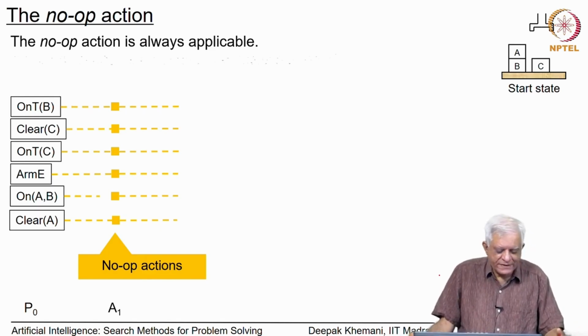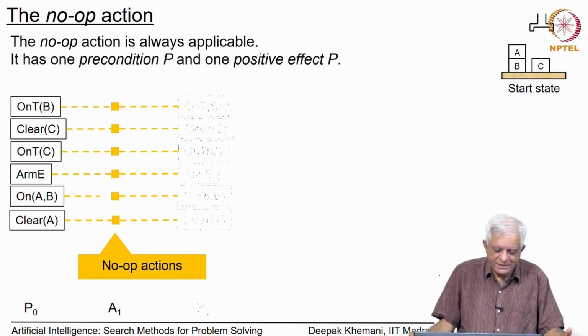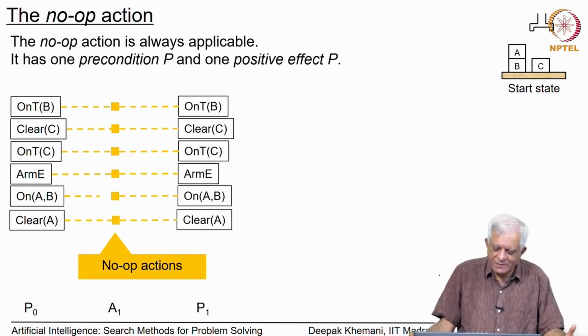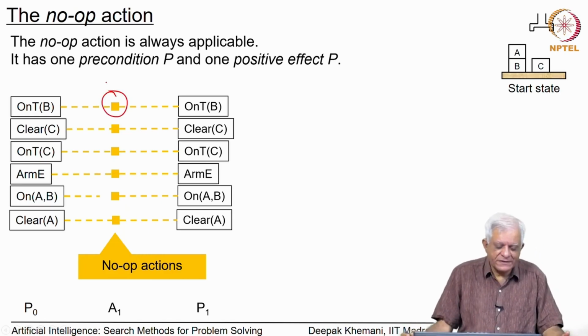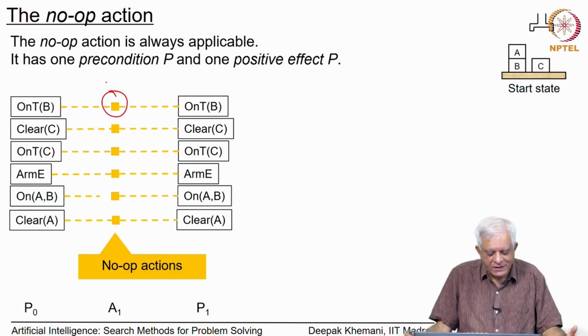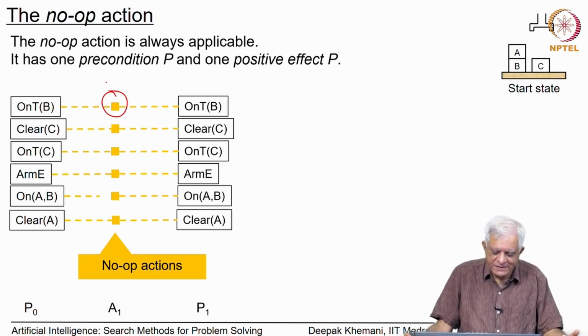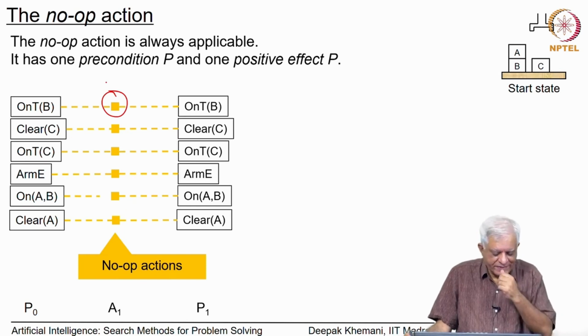The no-op action takes any proposition P as a precondition, and it has only one positive effect, which is the same proposition P. You can see here that the topmost no-op action has the precondition that B is on the table, and it has the effect on table B itself. So, this will basically be used to carry forward the state, so that actions can be applied at a later stage as well.